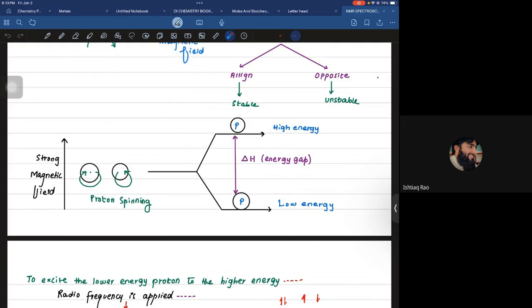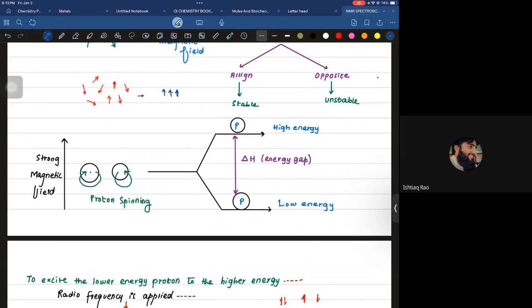So I can say that before applying the magnetic field, all the protons were random, just like that. When I provide the magnetic field, they would be aligning in this way.